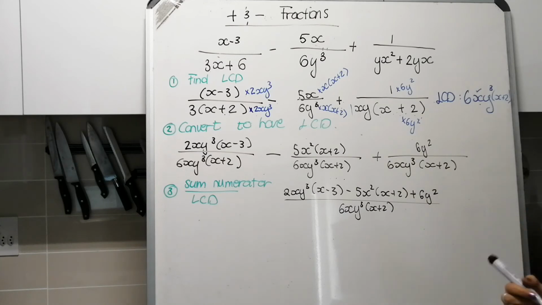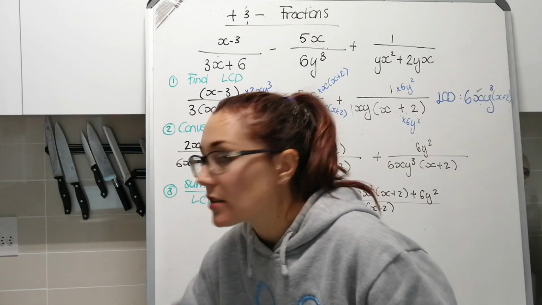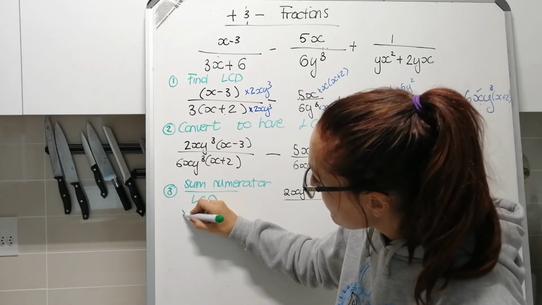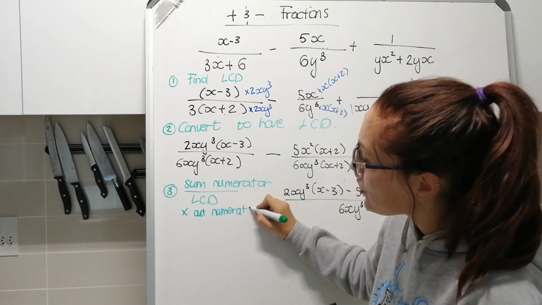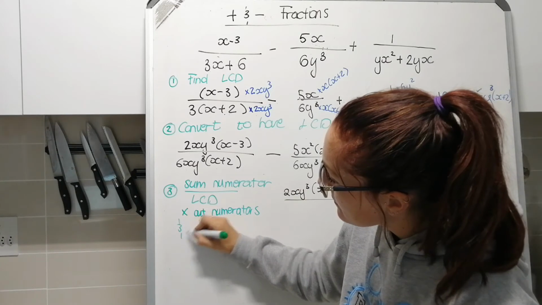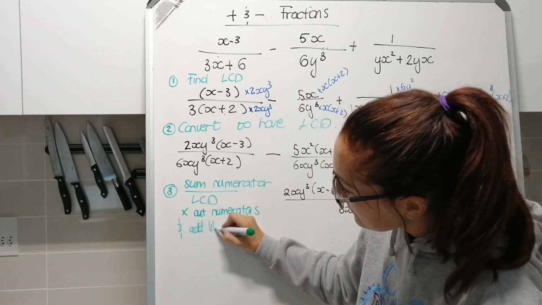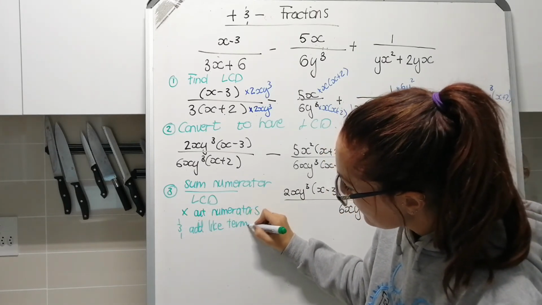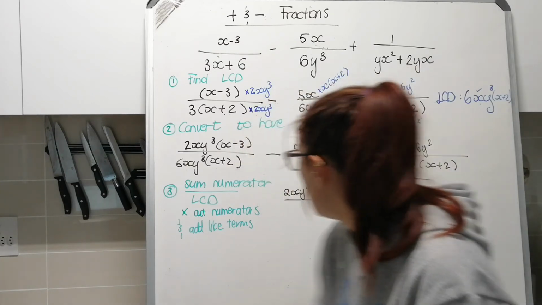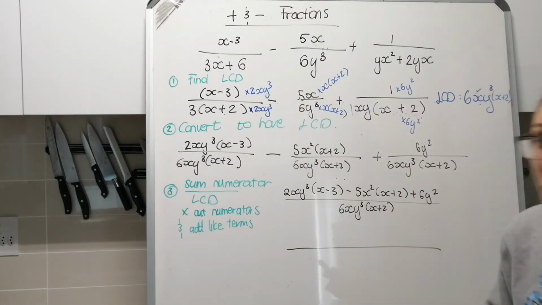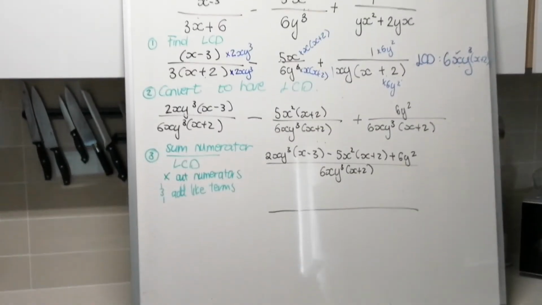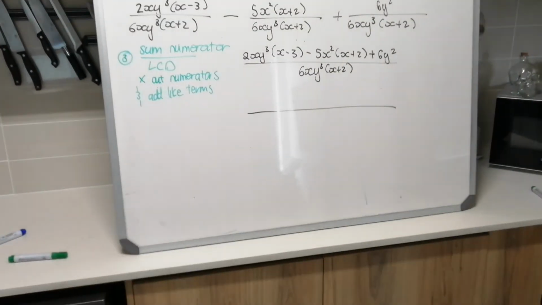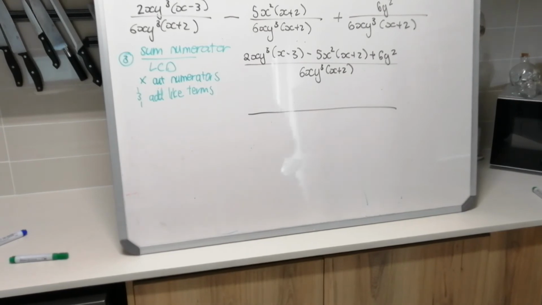And then lastly, and this is part of step 3, is to multiply out numerators and add like terms. Okay. So, distributive law on the first one. I think I need to maybe tilt you down a bit. Okay, distributive law on the first one.